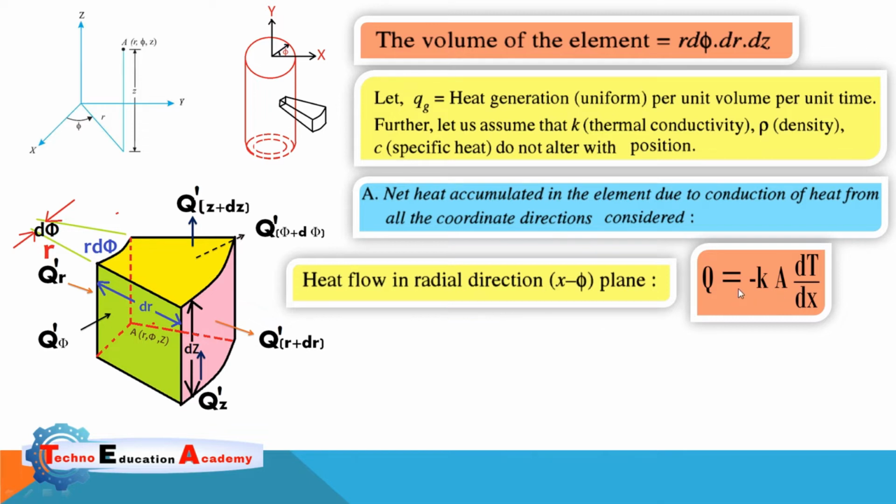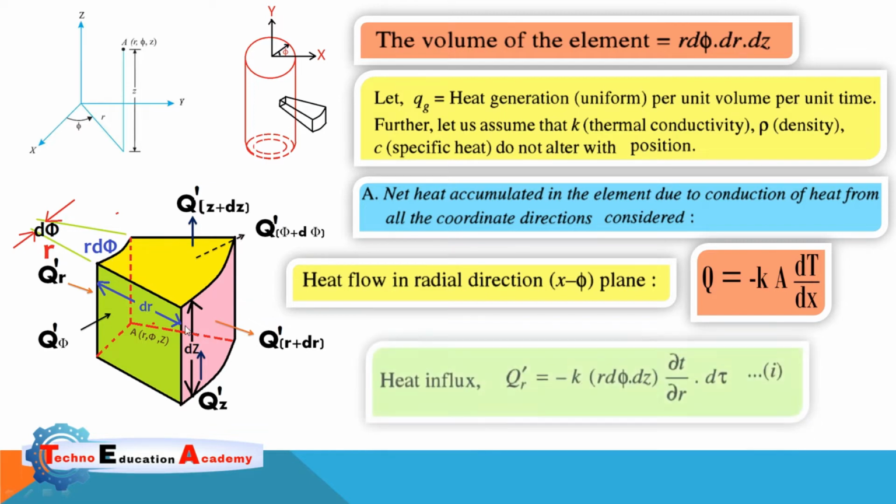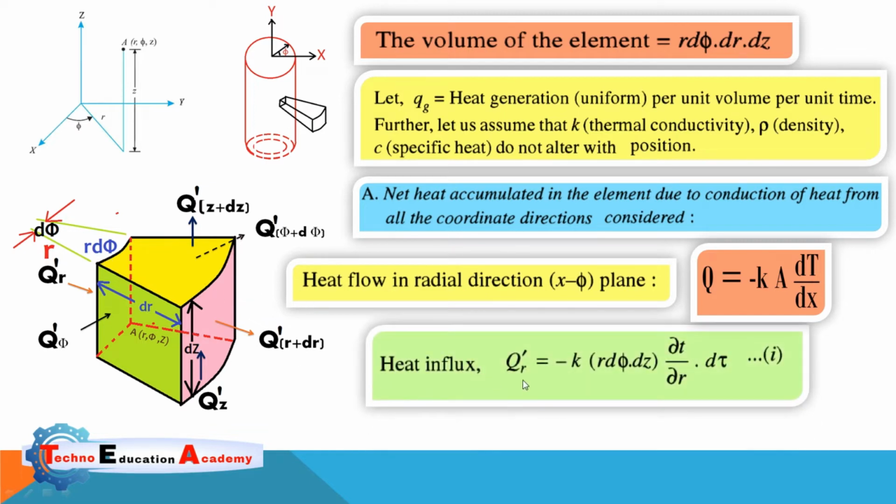So whenever we apply Fourier law in the radial direction, we get the equation for Q'r. We can say heat influx, or Q'r equals minus K times the area which is perpendicular to the direction of heat flow.